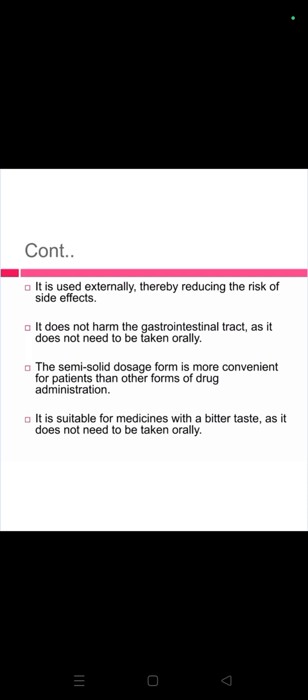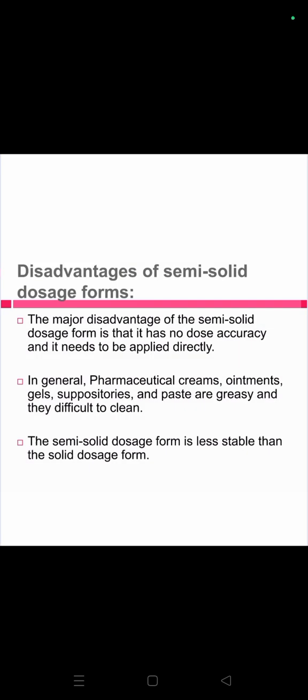It does not harm the gastrointestinal tract as it does not need to be taken orally. The semi-solid dosage form is more convenient for patients than other forms of drug administration. It is suitable for medicaments with a bitter taste as it does not need to be taken orally.